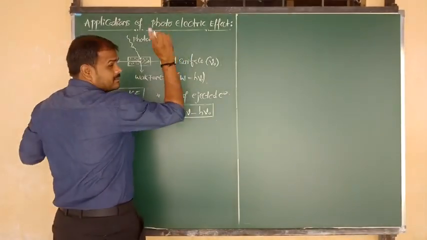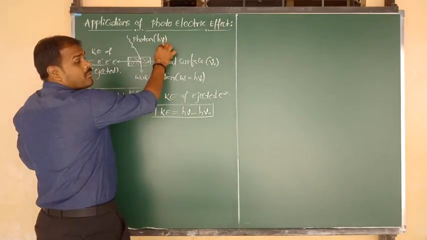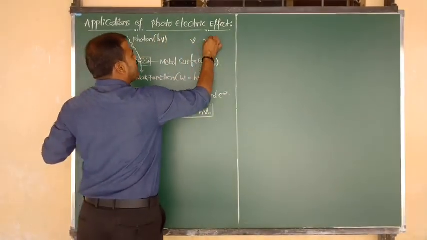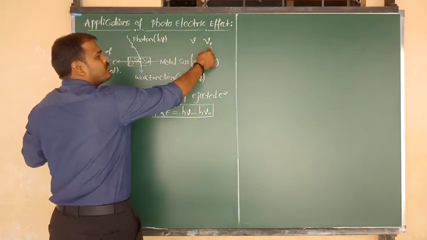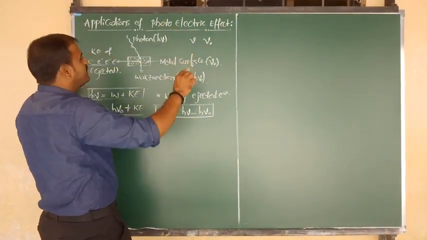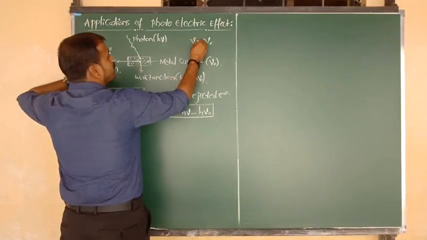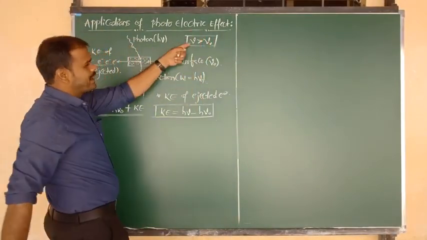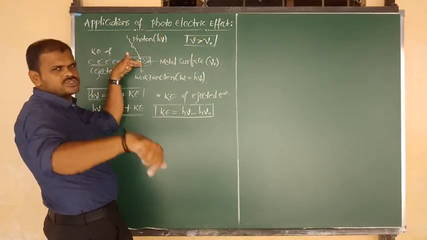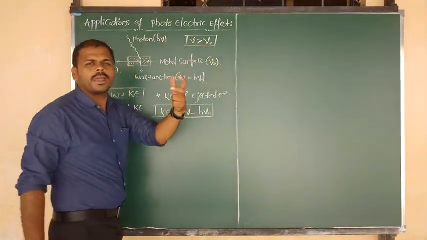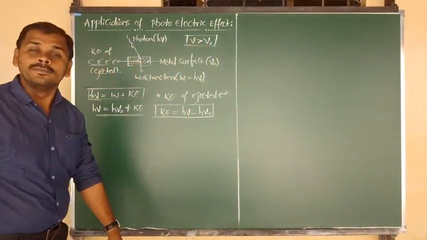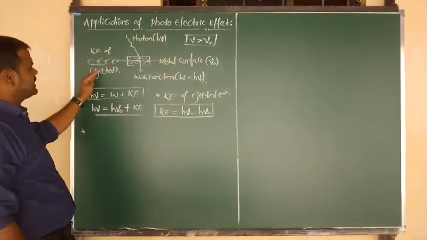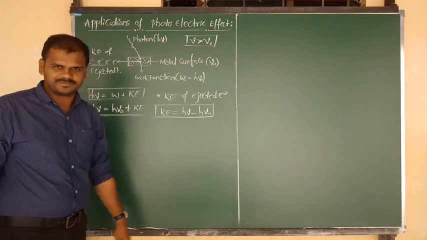The frequency nu of the incident photon, compared to the metal's frequency nu naught, or threshold frequency, should be higher. So the frequency of incident light must be higher than the threshold frequency. This is the required condition to exhibit the photoelectric effect.